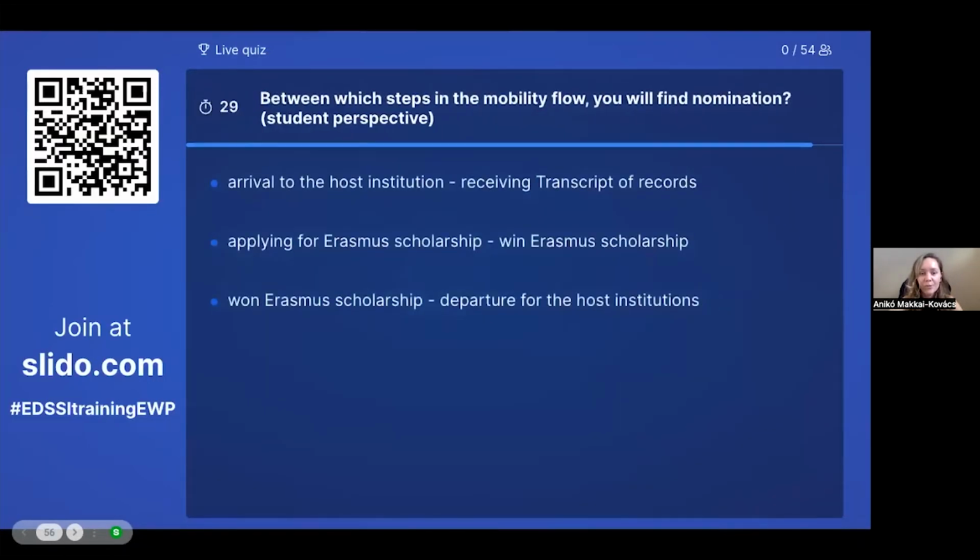So, between which steps in the mobility flow will you find nomination? Arrival and then receiving the transcript of records, or applying for the Erasmus scholarship and winning the Erasmus scholarship, or I just won the Erasmus scholarship and I depart for the host institution.